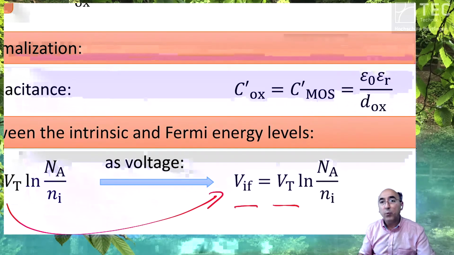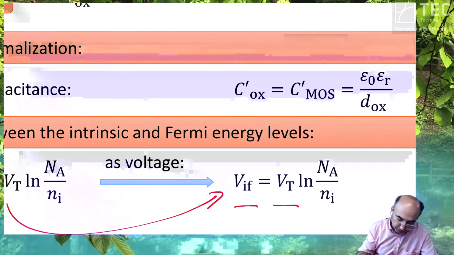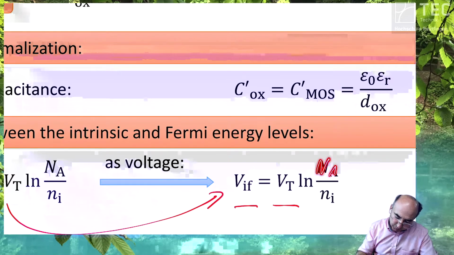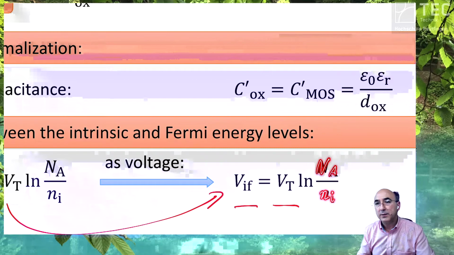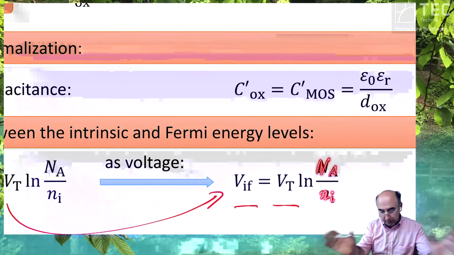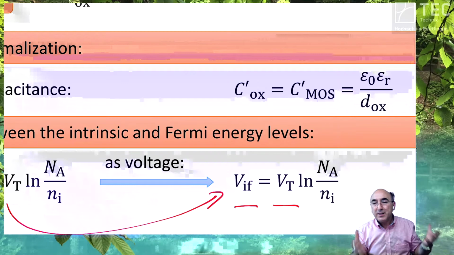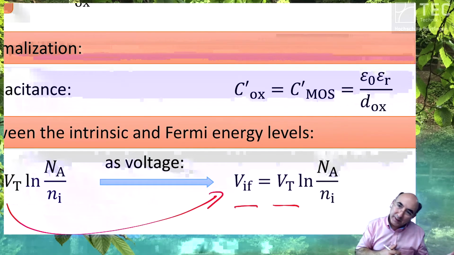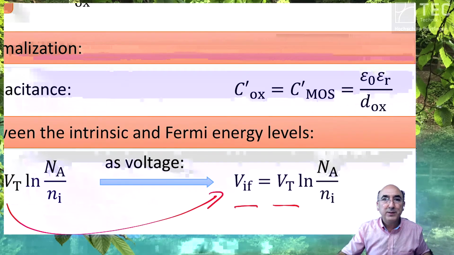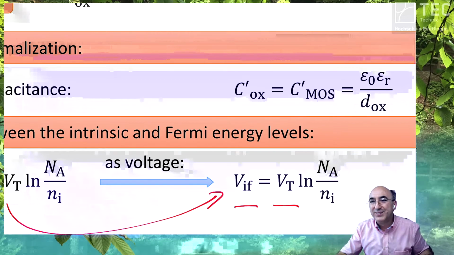The voltage between the intrinsic level and the Fermi level is a function of the doping level with reference to the intrinsic charge carrier concentration. Okay, these are just facts. Now we start to play with these facts. In order to be able to play, we need the play rules.